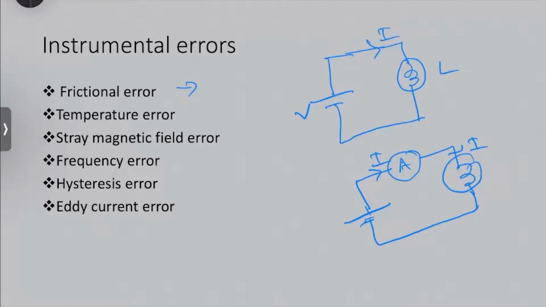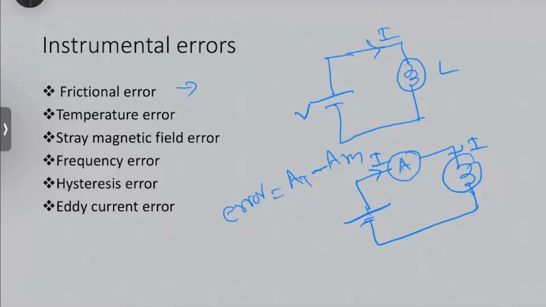But whenever this current is flowing inside the meter, there exist some losses. Because of some losses, it will show some error. Okay, what is the error? Error is nothing but true value minus measured value.